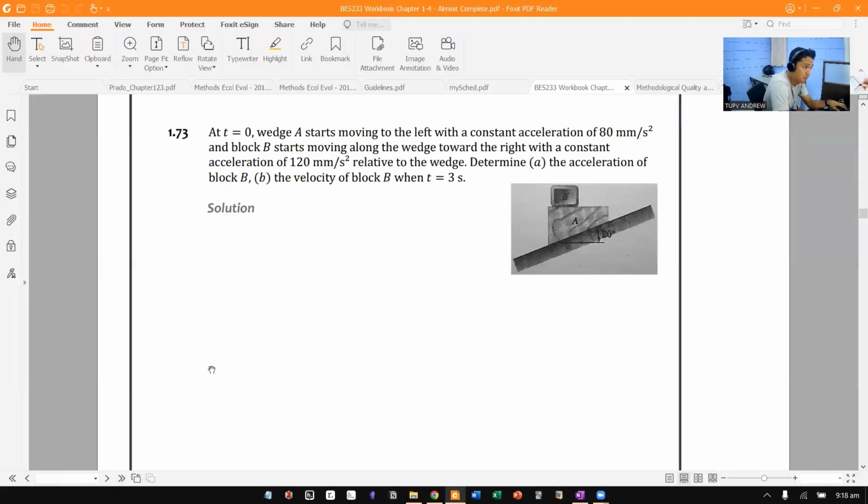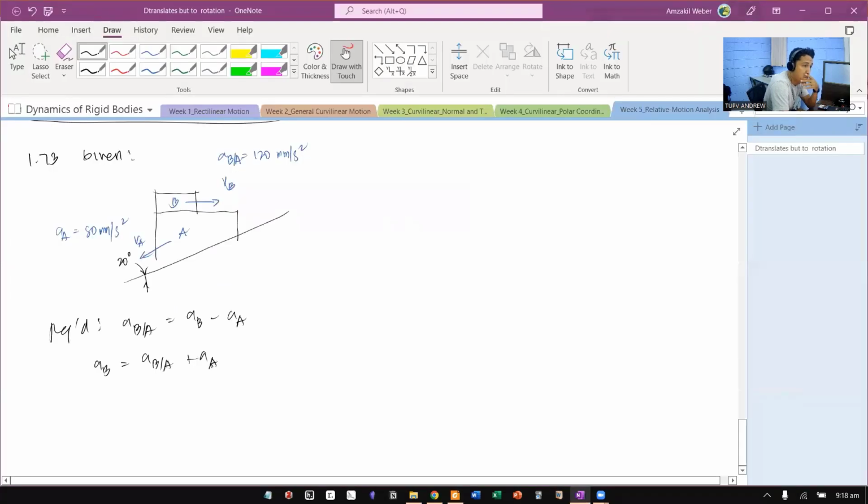And the velocity of block B when t is equal to 3 seconds.